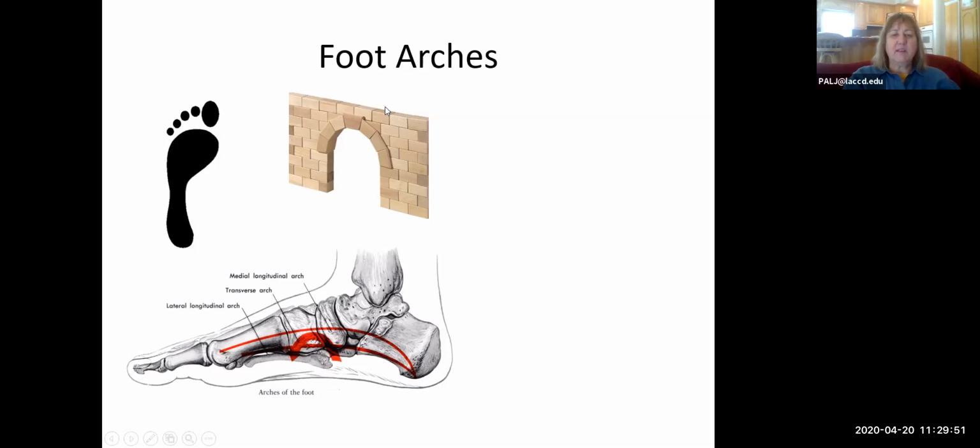All your weight is coming down on your tibia, and from your tibia, it's going to the talus. And if you didn't have these arches, all your weight would be right here in this one point of gravity, where your calcaneus would be hitting the floor. Now, I don't know if you've ever tried to walk just on your heels and bring up the balls of your feet and your toes. What you'll find is you're a lot less stable. Okay.